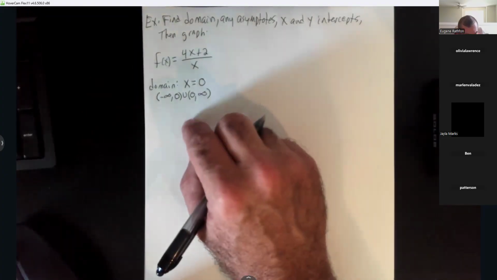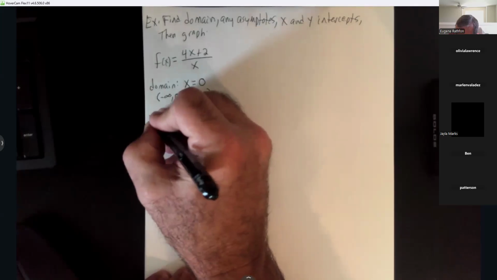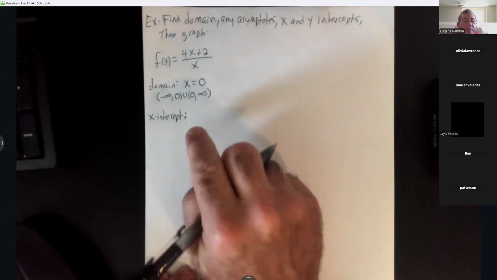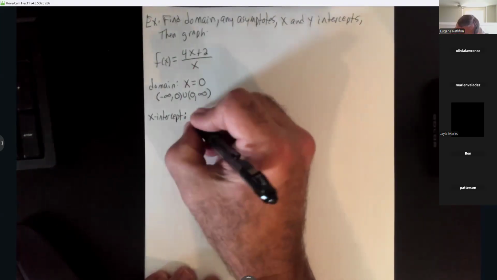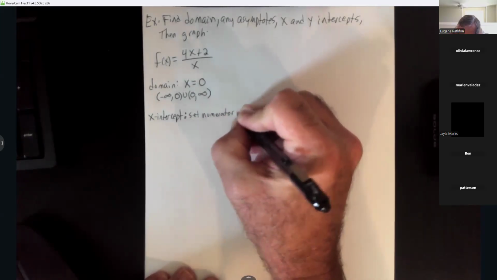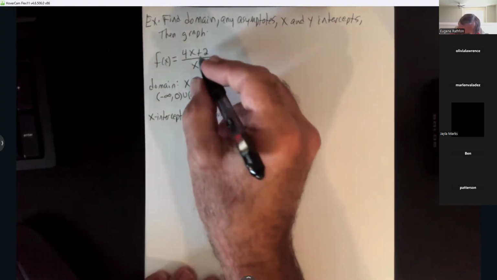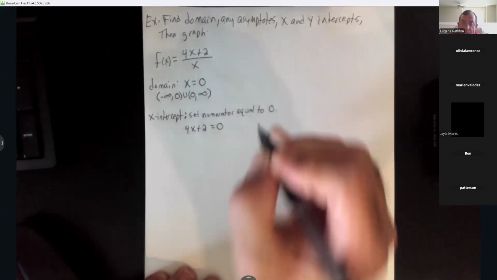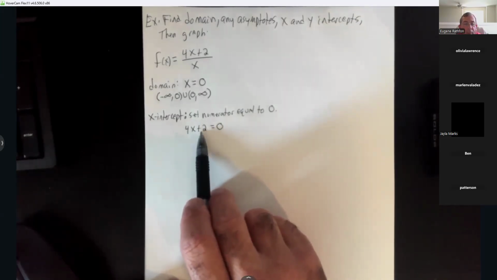So then they're looking at x-intercepts. The way you find the x-intercept is by setting the numerator equal to 0. So doing that, I got 4x plus 2 equals 0. Let's solve this real quick.